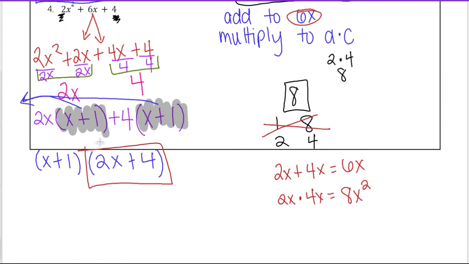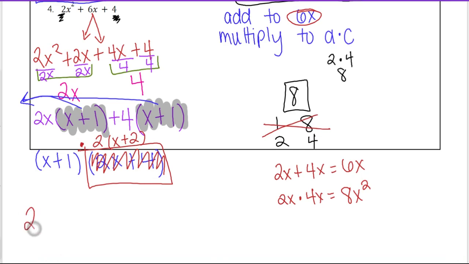This is going to be rewritten as 2 times x plus 2. By pulling out that 2, we divide each of these by 2, and we're left with x plus 2. But we still have that 2 in front, so we didn't actually mathematically change the value. We just rewrote 2x plus 4 as 2 times x plus 2.